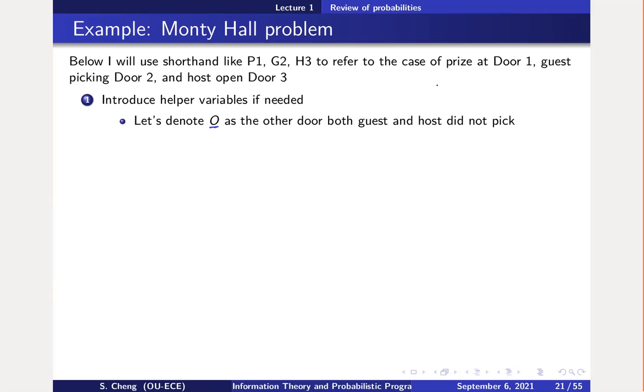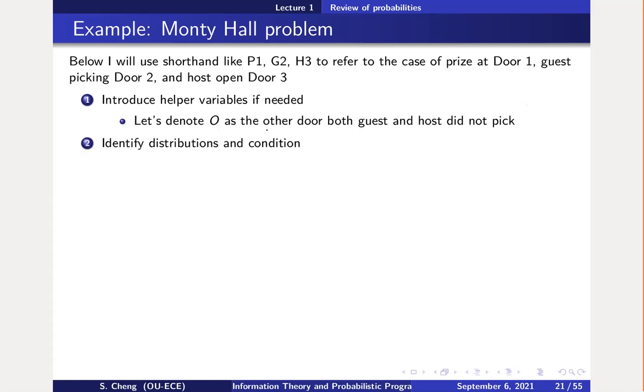The situation is always that I have 3 doors, the guest opens one door, and the host opens another door. That's the other door here, I call it O. Given guest and host, O is actually deterministic, but I denote O as the other door just for bookkeeping, for convenience.